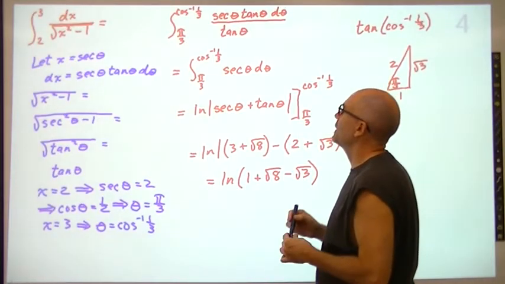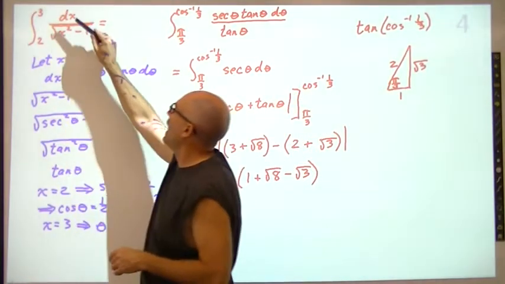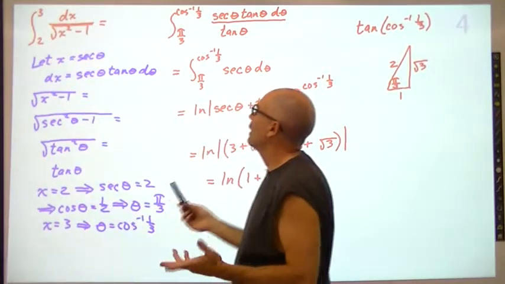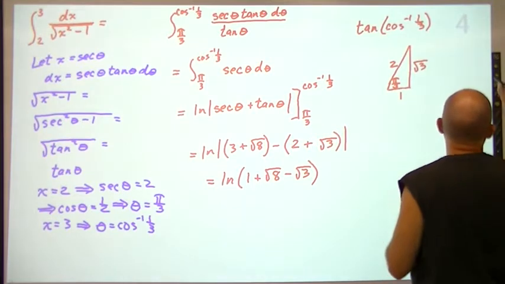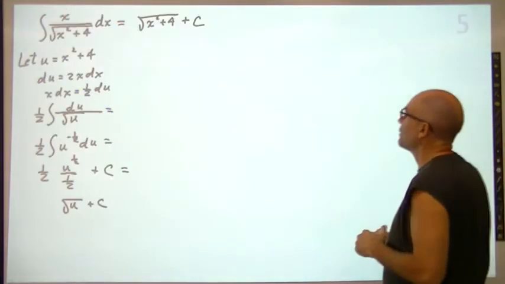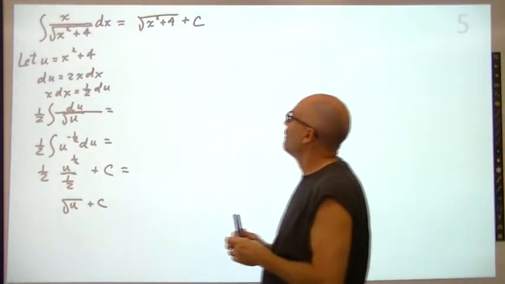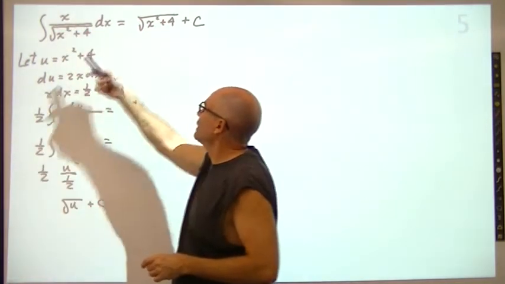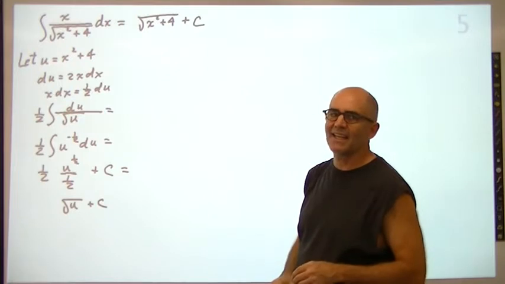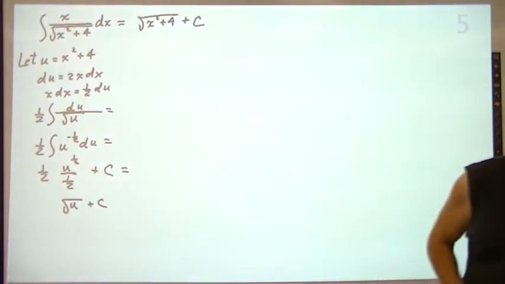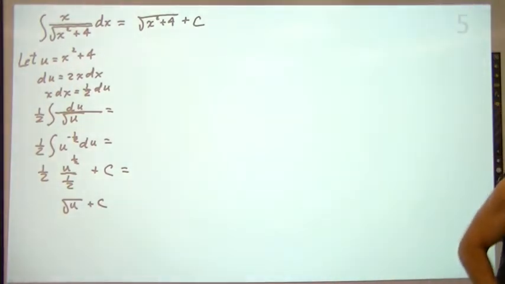We can't do a u substitution here because I need an x dx again, and I only have a dx. But on this one, we do have the x dx that we need, so we just do the u substitution. Comes out really easy.